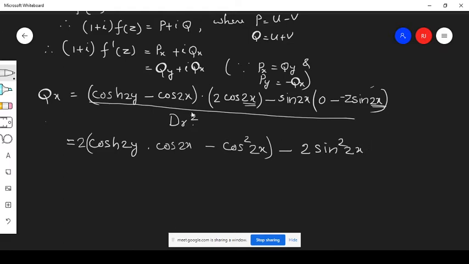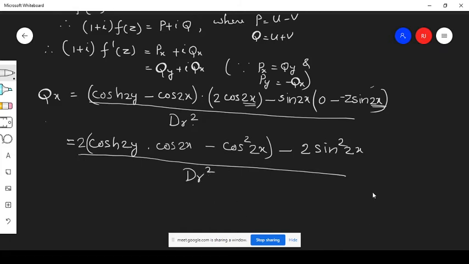Understood? Cos 2x into cos 2x is cos square 2x, this 2 we have already taken here, and sin 2x into sin 2x is sin square 2x. Negative negative becomes positive, and that positive into this negative is negative. This 2 is outside, and the whole is divided by denominator square.